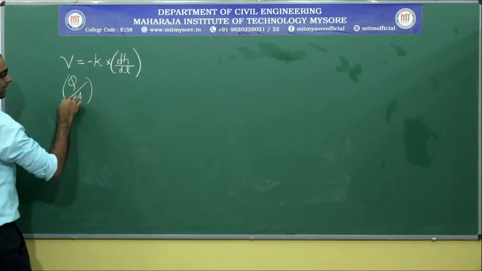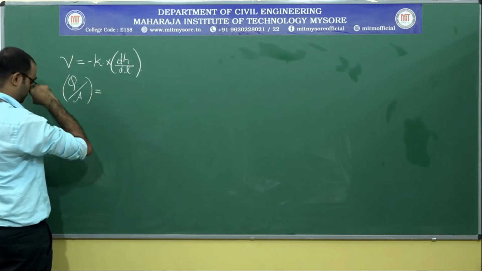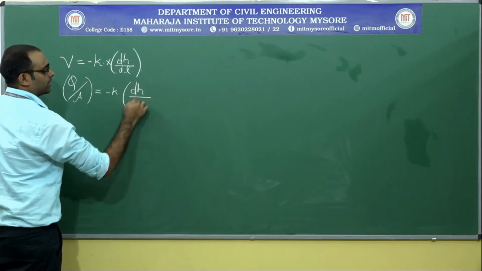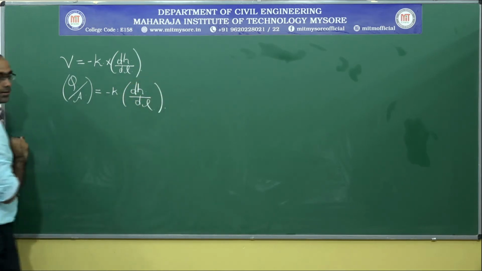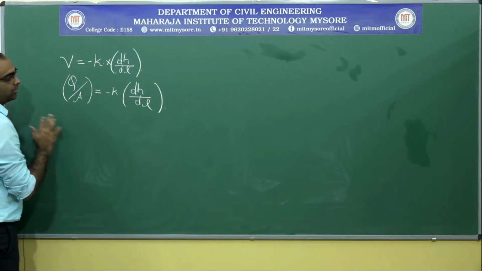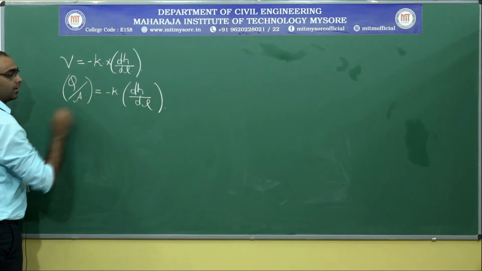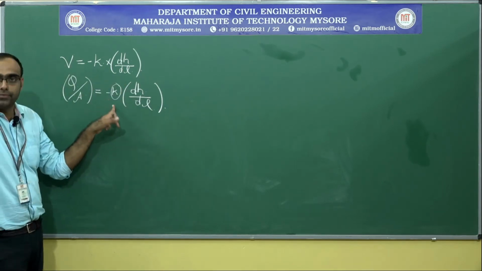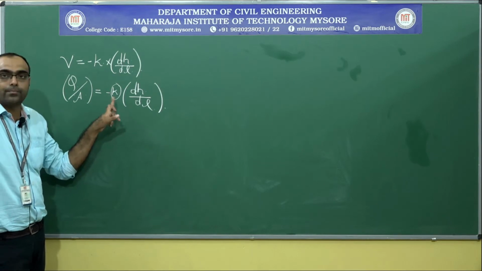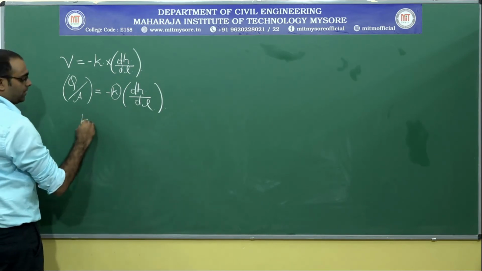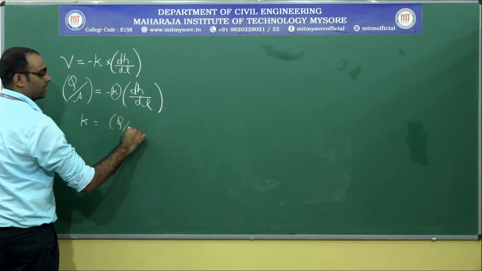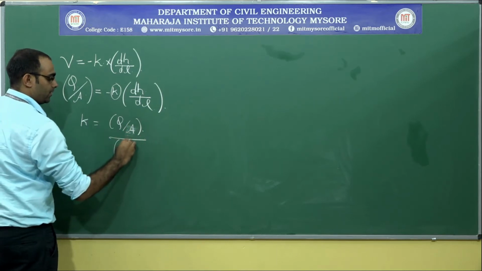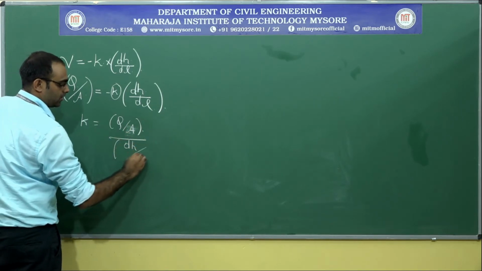During this derivation, we had gotten the expression Q by A equals minus K into dH by dl, right? So, from this equation I can define hydraulic conductivity or coefficient of permeability. Look here, K equals Q by A divided by dH by dl.